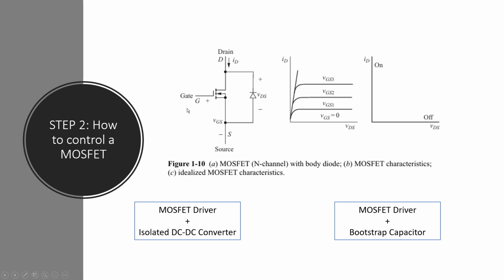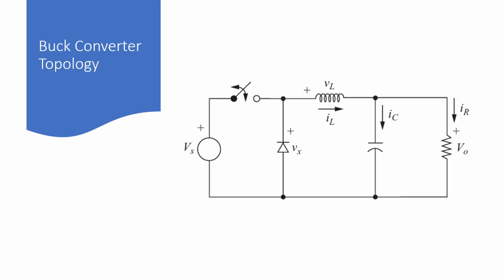But because of some circuit topologies, the source sometimes is not on the same path as the common ground. In our case, with the buck converter, the ground is not connected to the source of the MOSFET, so the source is not on common ground and will be floating.